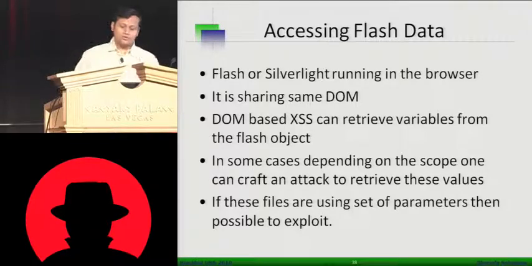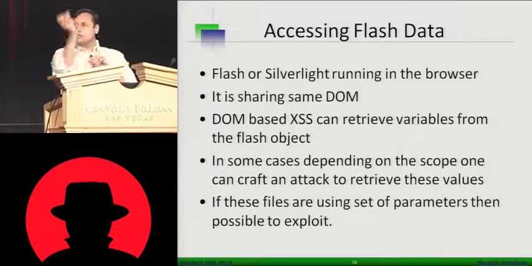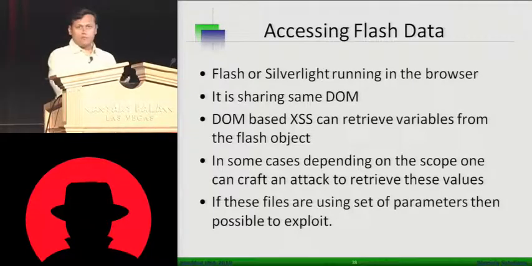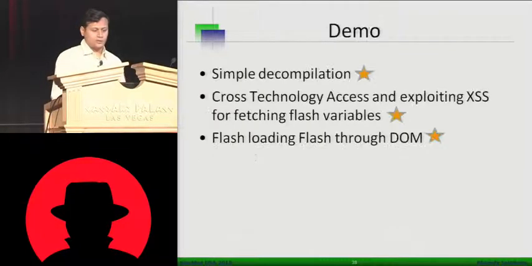DOM-based cross-site scripting can retrieve a variable from the Flash and send it back. Like we retrieve a variable from the DOM, we can retrieve a variable from Silverlight or Flash as well. In some cases, depending on the scope, one can craft an attack and retrieve this kind of information. If these files are using parameters, then it's essentially possible to exploit.